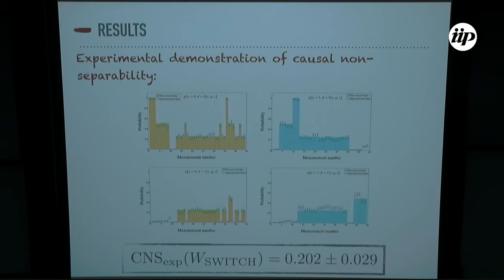Now, once again, analogously to the case of the entanglement witness, which can be considered a measurement of the robustness to noise of the entanglement, also the causal witness can be considered a measurement of the robustness to noise of the causal non-separability of the setup. So another thing we wanted to do was actually observe this robustness to noise of the setup.